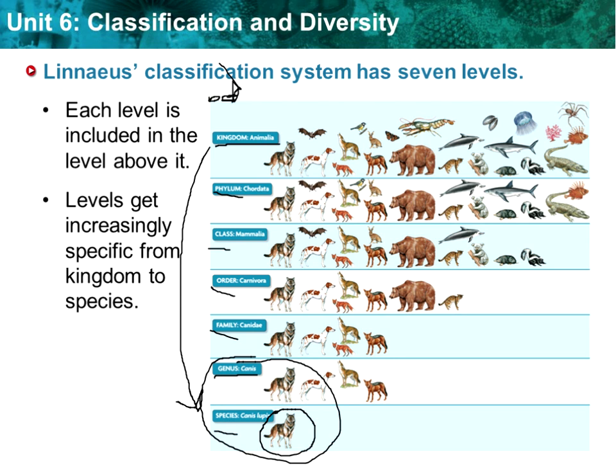So this is a domain up top. Domain, kingdom, phylum, class, order, family, genus, species. That's technically the right way to do it.